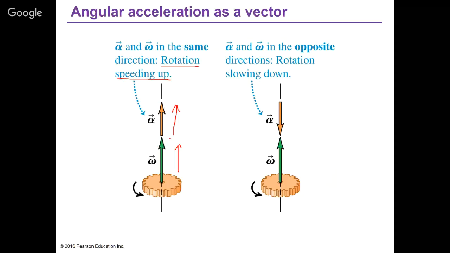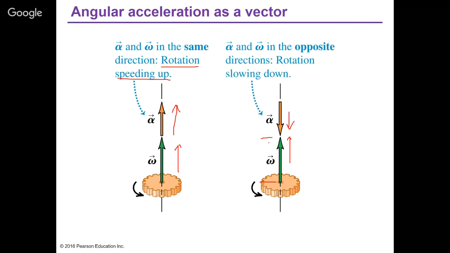And that's basically meaning the speed of rotation is getting larger and larger. In the other case, if the angular acceleration and the angular velocity are in the opposite directions, then as a function of time, as you pass a short time interval t, this omega vector is going to become shorter.